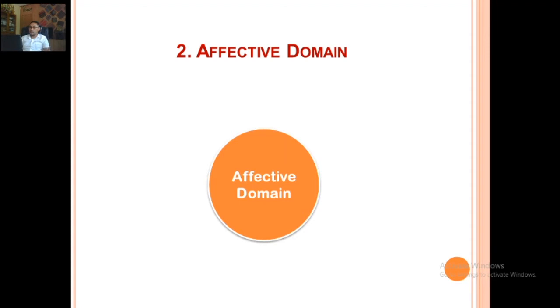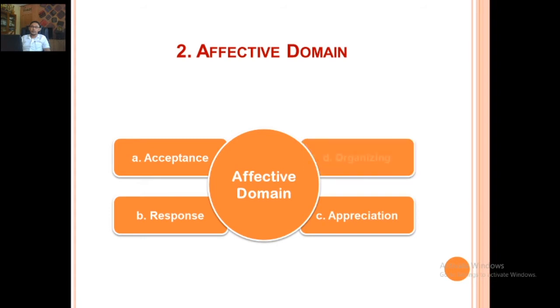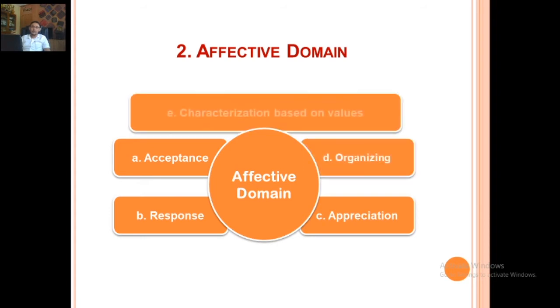And in this affective realm, there are 5 subcategories, namely acceptance, response, appreciation, and then organizing and characterization based on values.